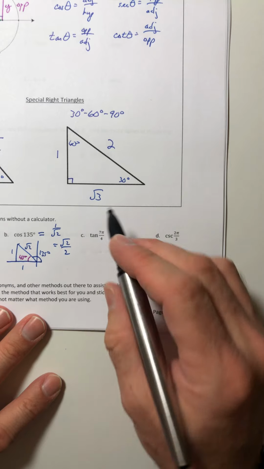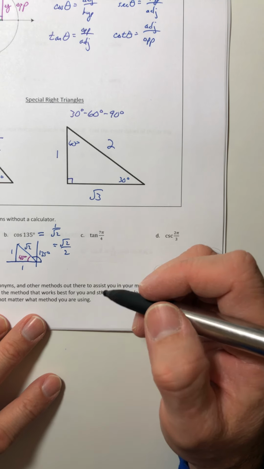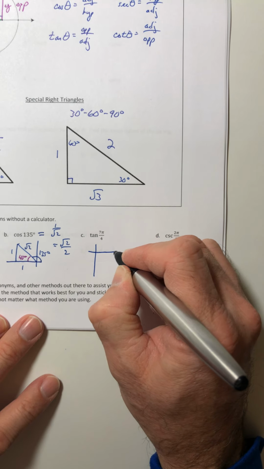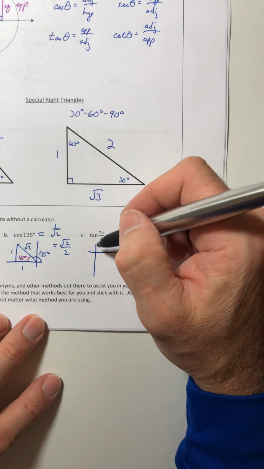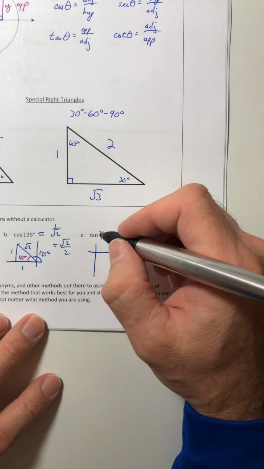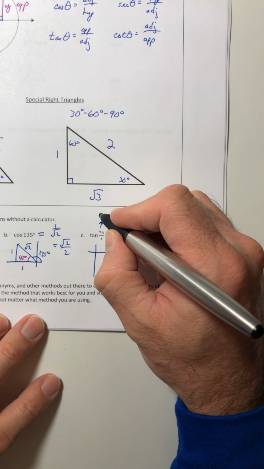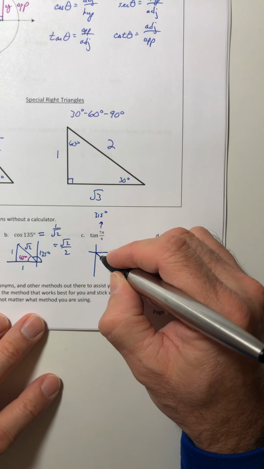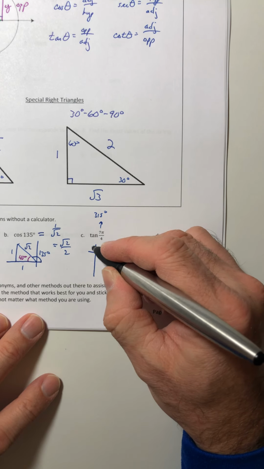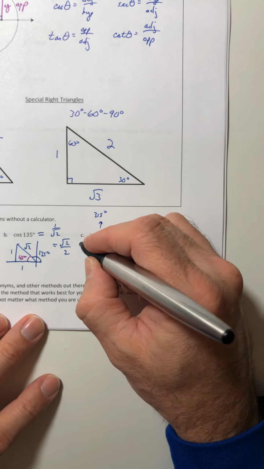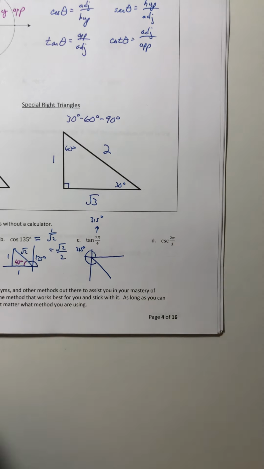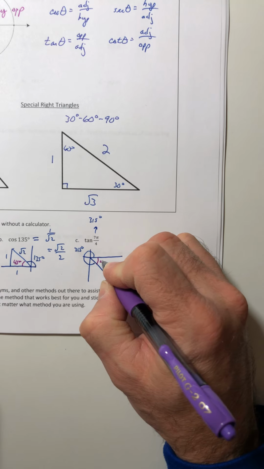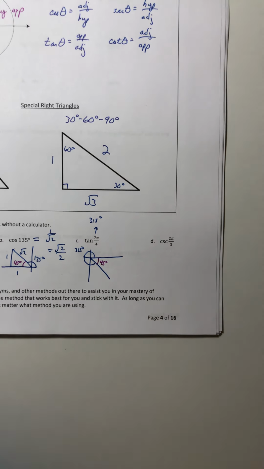Okay, tangent of 7 pi over 4, that's in quadrant 4. Sometimes it's easier if you flip it around into degrees. So 7 pi over 4 is 315. That's what rotates all the way over there. But we want the angle that's sitting inside of the triangle, which in this case is another 45 degrees.